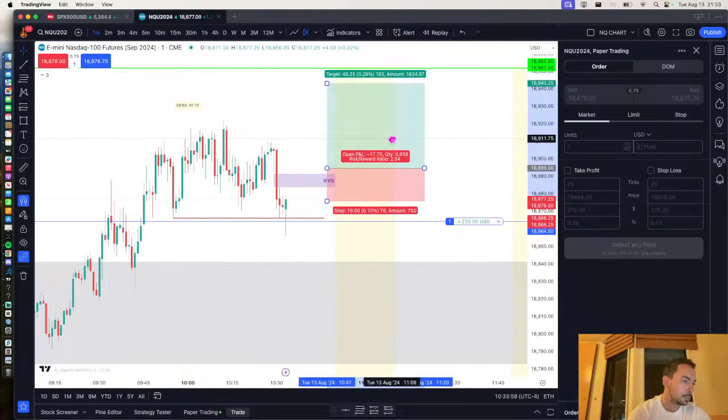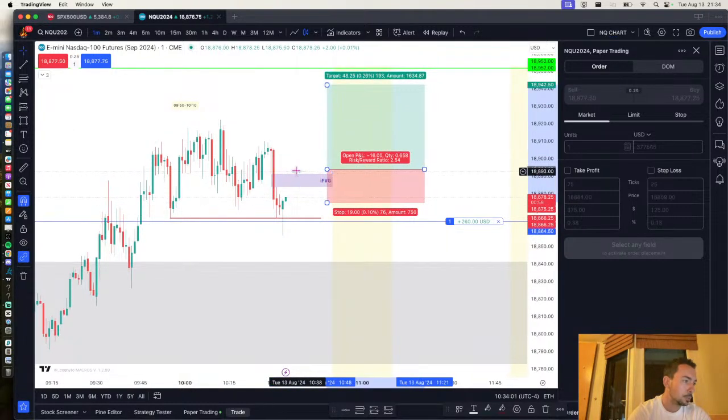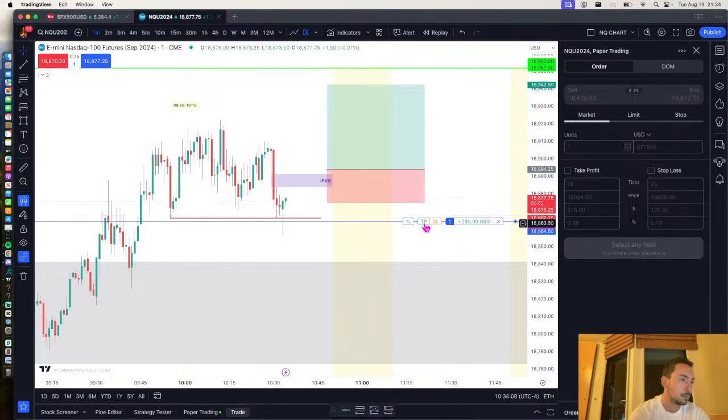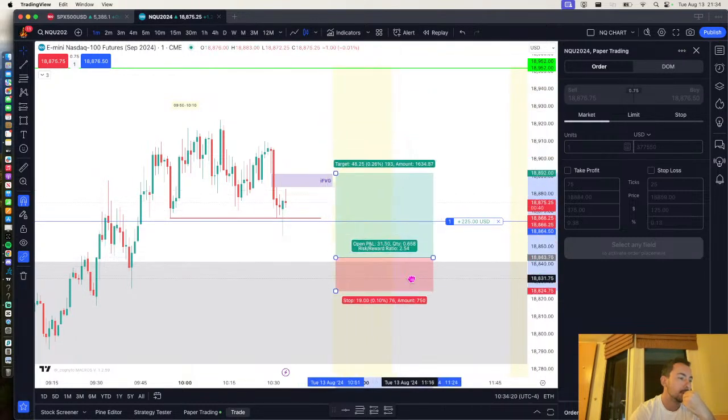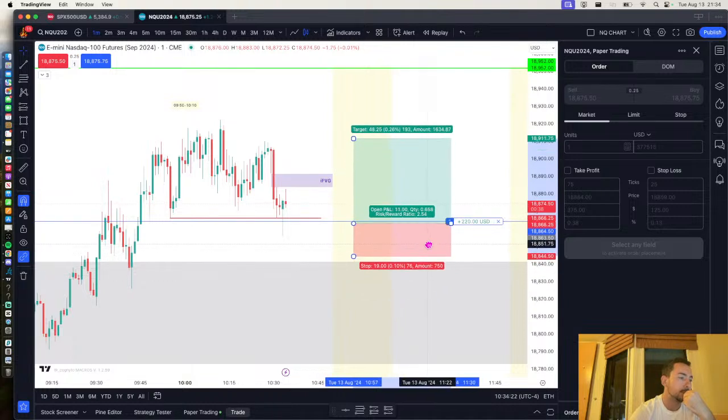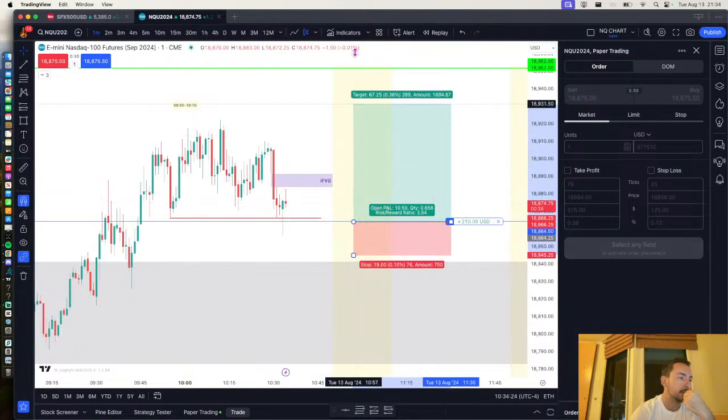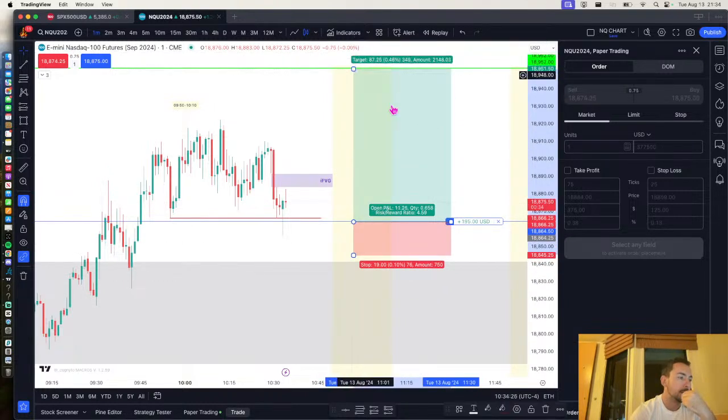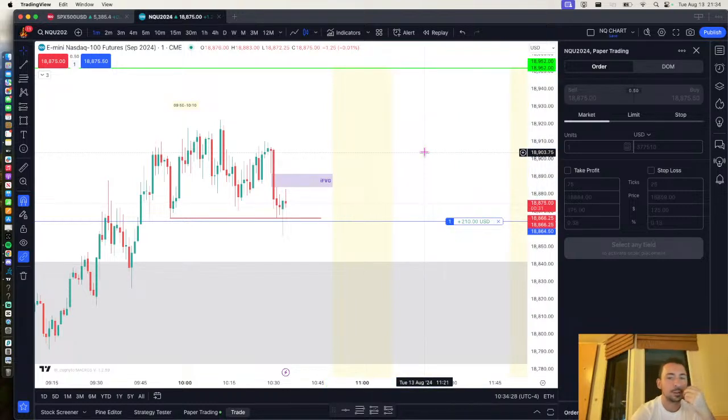But this is the real setup. If you get a close above right here, entering into this 1050 macro and equal highs, that's a fantastic setup in my book. My take profit will be a $1,700 profit here. Even if I have my stop there, it's still almost a 5 to 1 trade, which is crazy.